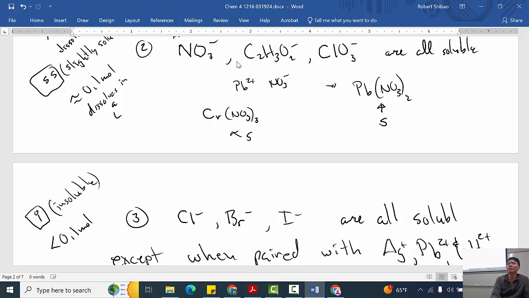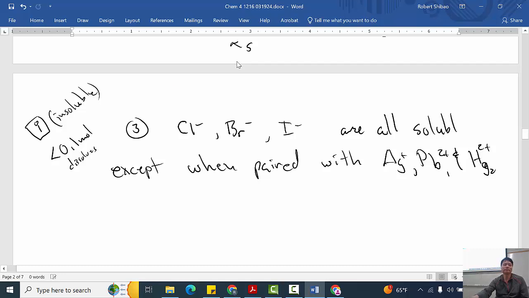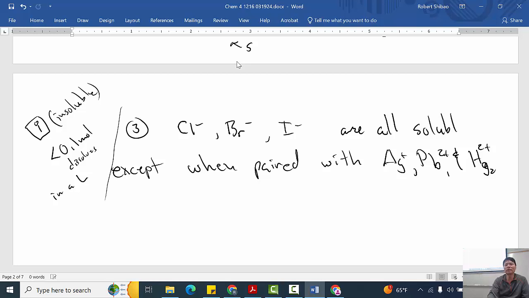It's arbitrary. Who came up with 0.1 moles? Totally arbitrary.